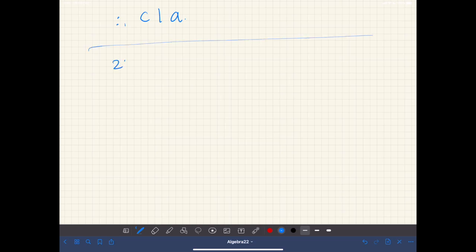For example, 25 divides 175, and 175, you should try this, divides 700. So according to the lemma, 25 divides 700. In fact, 700 is 25 times 28.